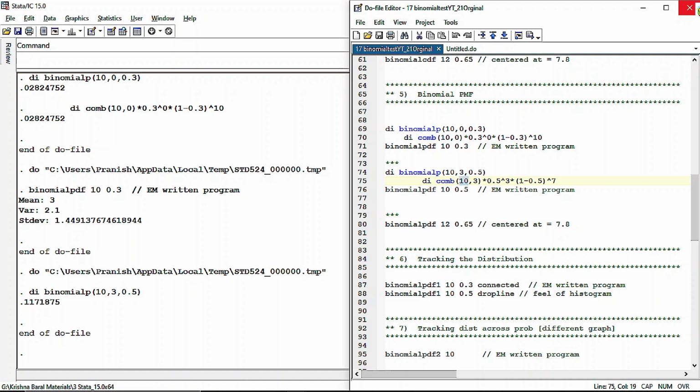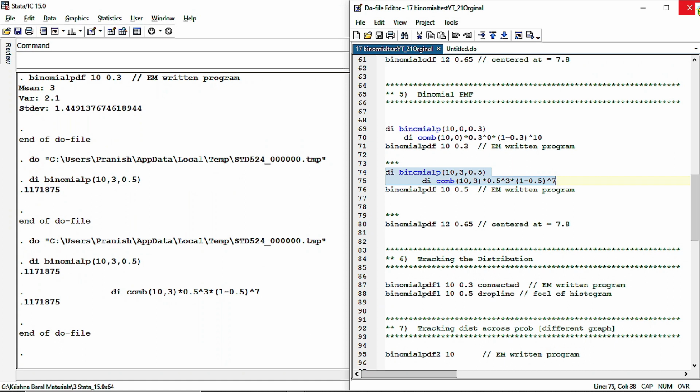Combination of 3 successes out of 10 trials, probability of success to the power of the number of successes we require, times the probability of failure to the power of the number of failures. Both of them should yield the same result, and let us say they are both 11.718%, or 11.7185%, or 11%. Now let us see it with the help of the graph, binomial PDF.